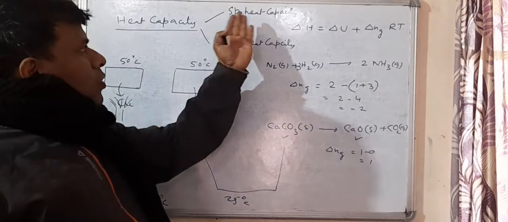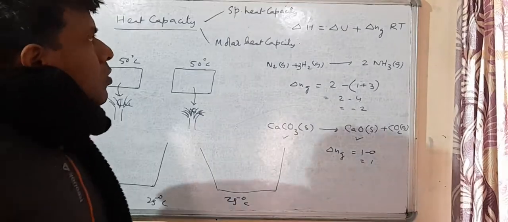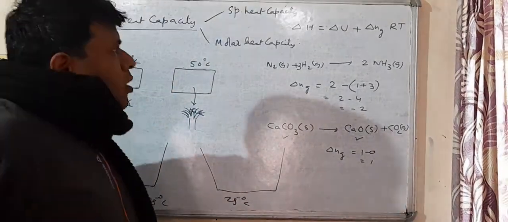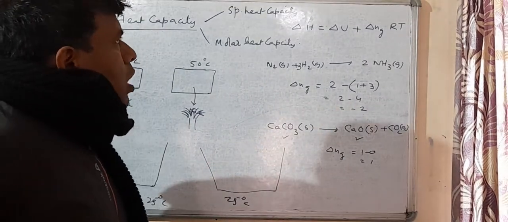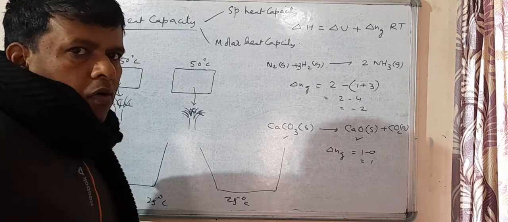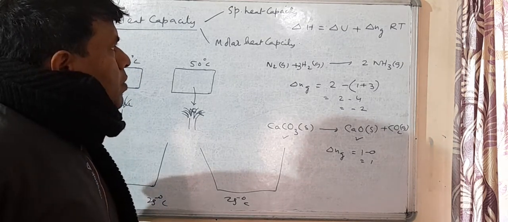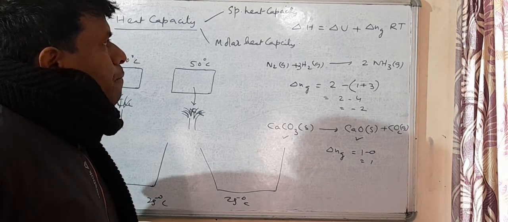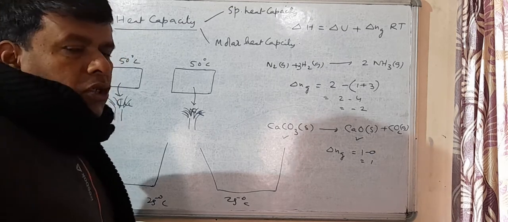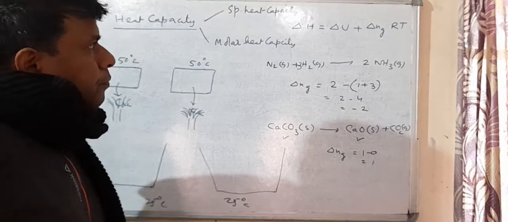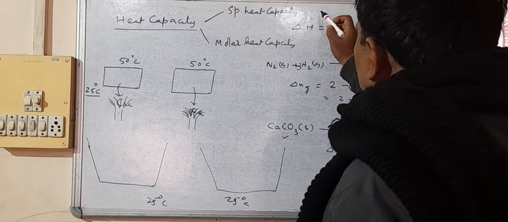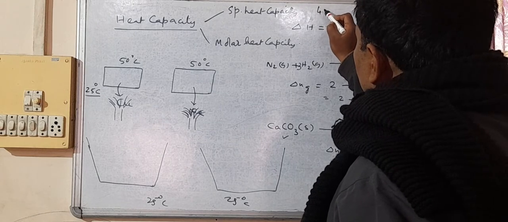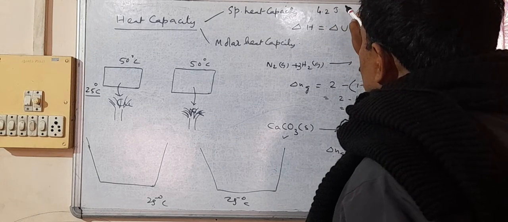So, what is the definition of specific heat capacity, or simply specific heat? You must have read in physics, maybe. Heat required to raise the temperature of a unit mass of a substance through one unit degree, that's called specific heat capacity.